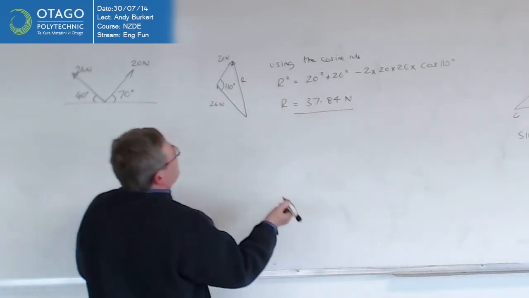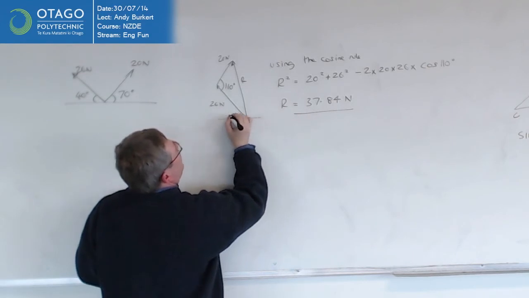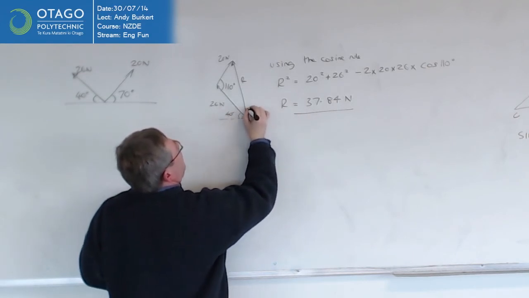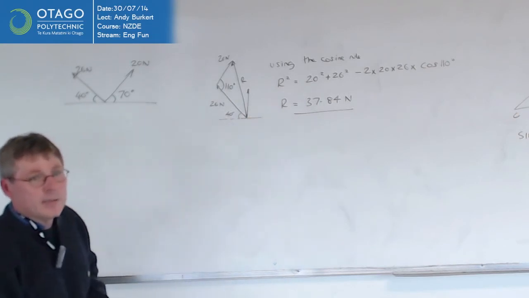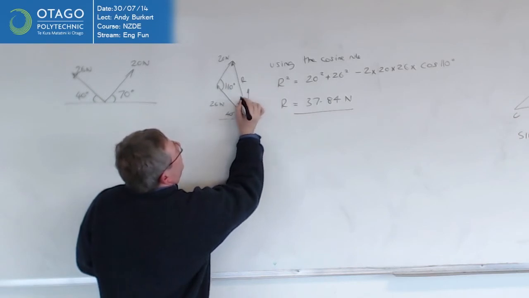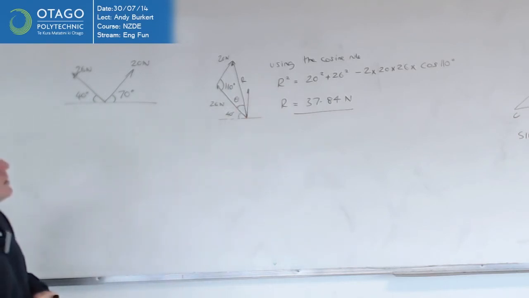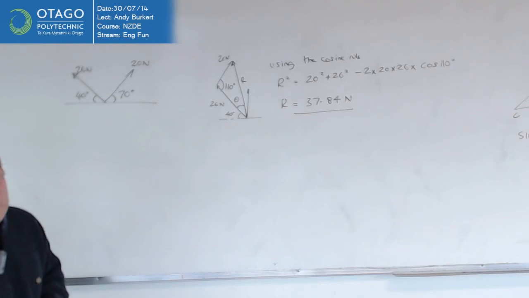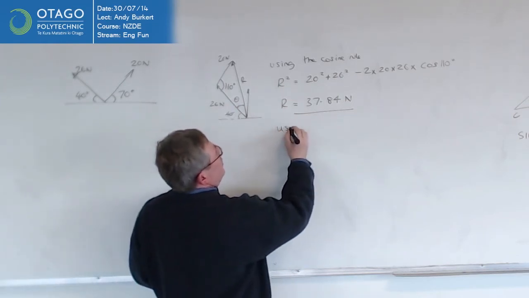So what do we know? We know that that's 40 degrees, and that direction up there would be vertical, so that would be 90. Yeah? So let's work out this angle in here. So we can use the sine rule now to calculate that angle, or the cosine rule. Sine rule is easier though. So we're going to use the sine rule.